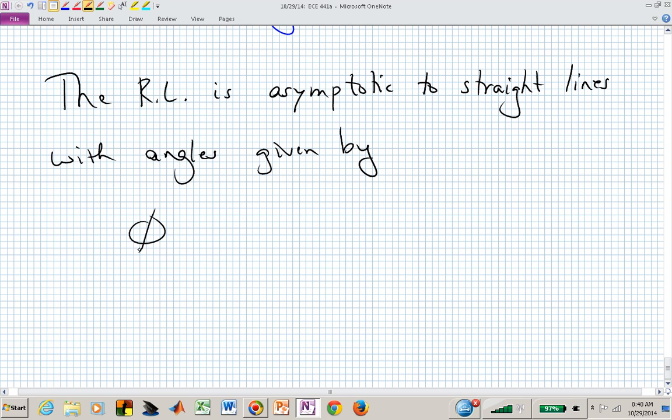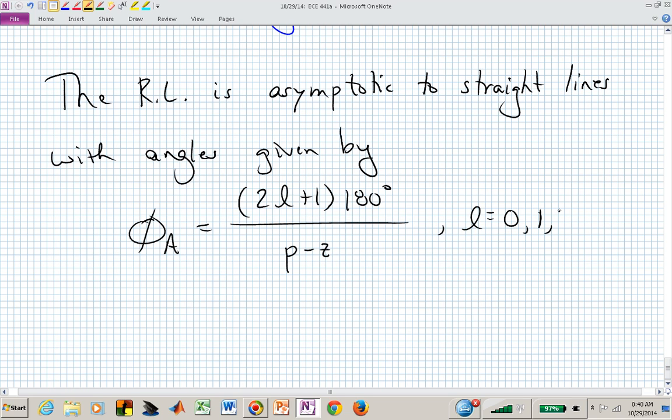The asymptote angles, phi sub a, are equal to 2L plus 1 times 180 degrees, all divided by P minus Z. And L we let range between 0 up to P minus Z minus 1.